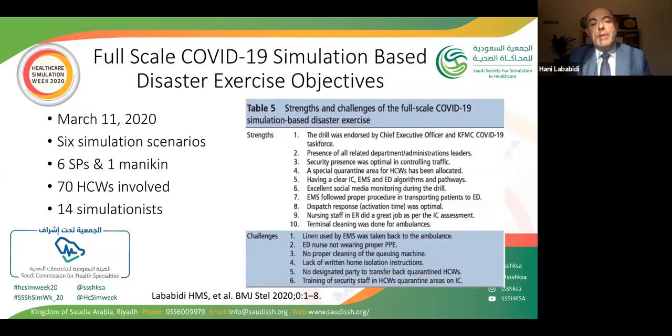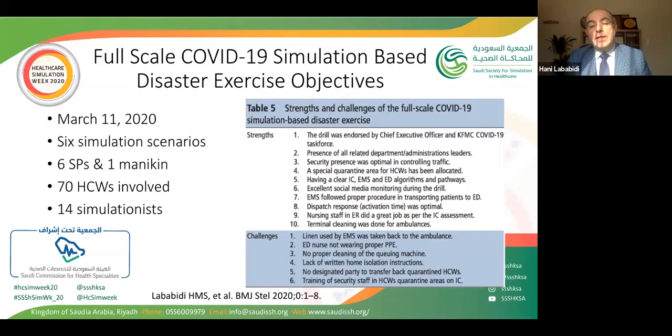Then we switched to the mannequin so they could practice on the mannequin rather than the SPs. We had around 7 healthcare workers involved and 14 simulationists, a combination from disaster planning, who are excellent in simulation and were trained for simulation, and also simulation educators and curriculum developers from Crescent.